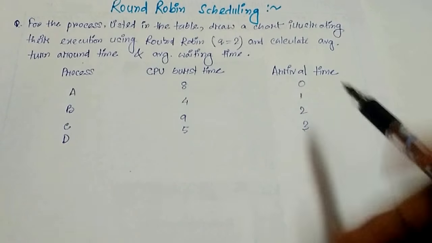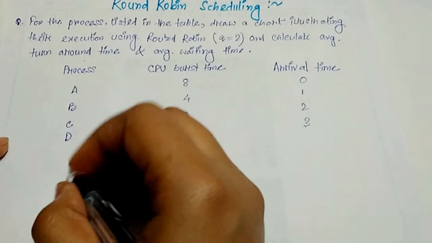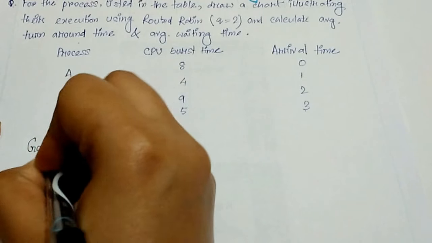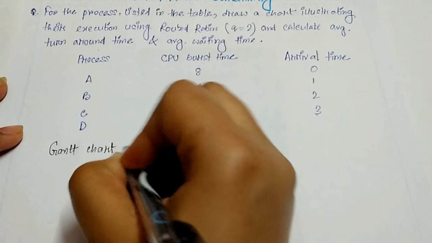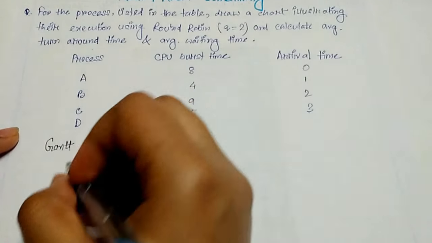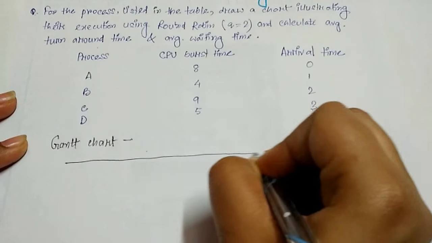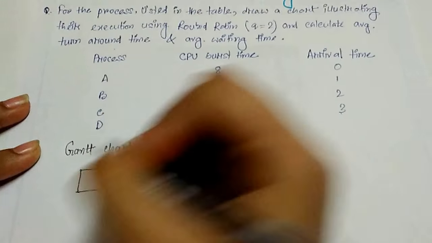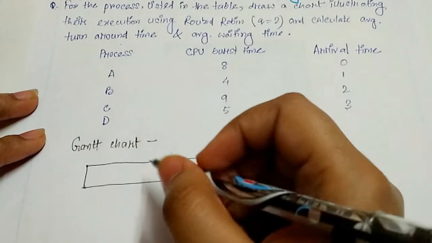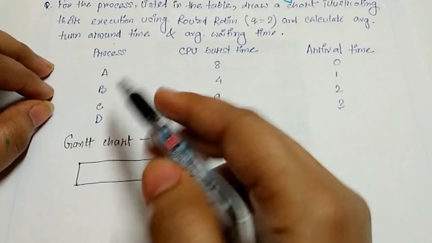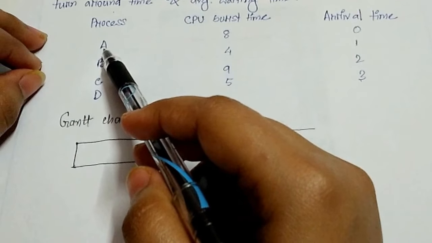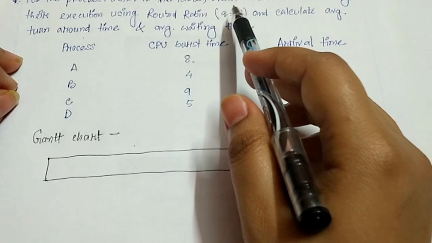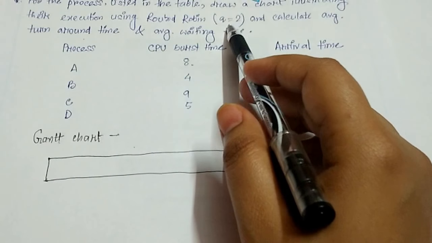First, before we get started, we should draw a Gantt chart. So, get started. The first process is process A and the CPU burst time of process A is 8. We have to keep in mind that the time quantum is 2.